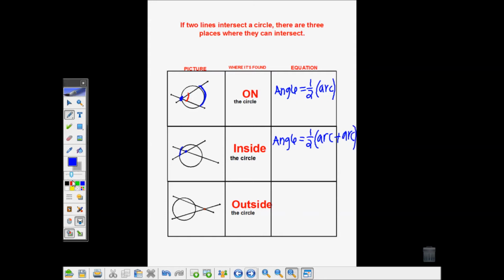So your angle equals 1/2 times this arc plus this arc, the 2 arcs formed by the intersecting lines.